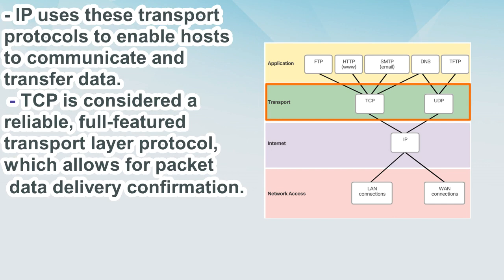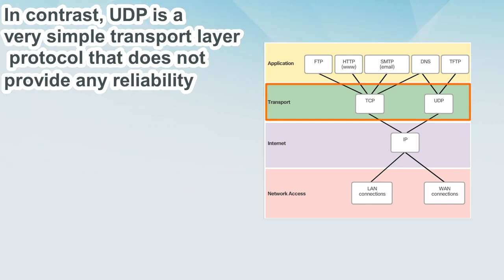IP uses these transport protocols to enable hosts to communicate and transfer data. TCP is considered a reliable, full-featured transport layer protocol which allows for packet data delivery confirmation. In contrast, UDP is a very simple transport layer protocol that does not provide any reliability.